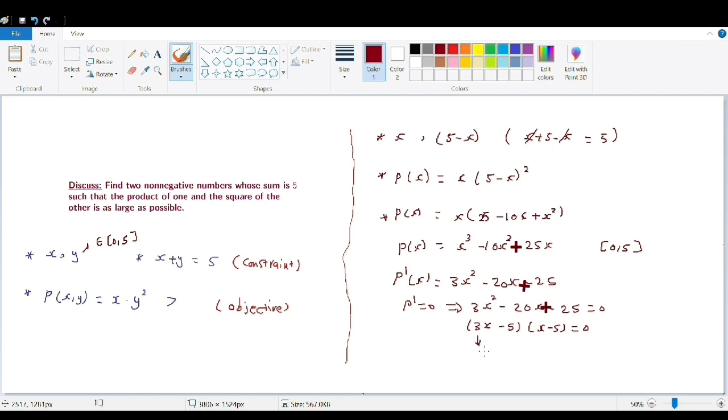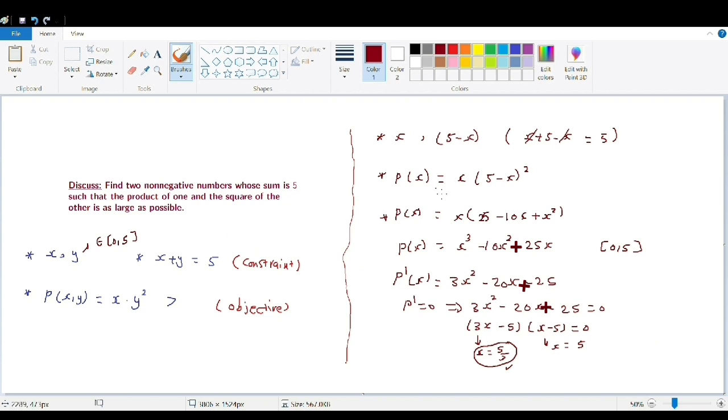From here we will get x is equal to minus 5 over 3, and from here we get x is equal to 5. So x is equal to 5 is one of the endpoints. x is equal to 5 over 3 will be 1 point something, so this is in the interval. So we'll take this one as a critical number, and 5 is an endpoint, so we'll choose it for sure.